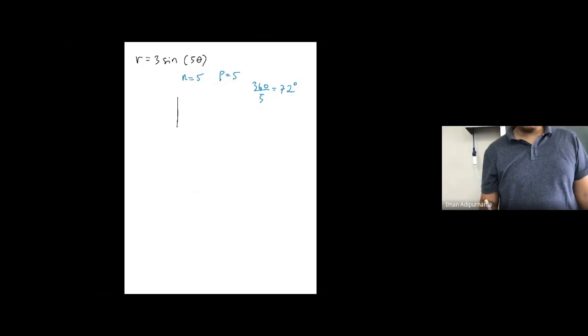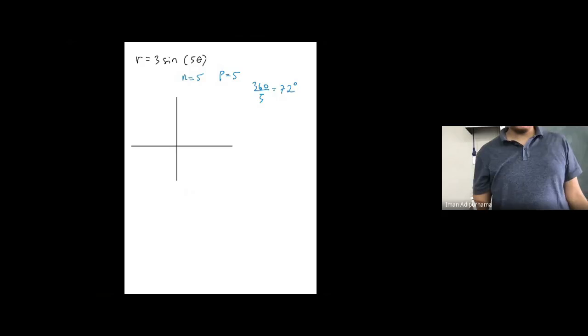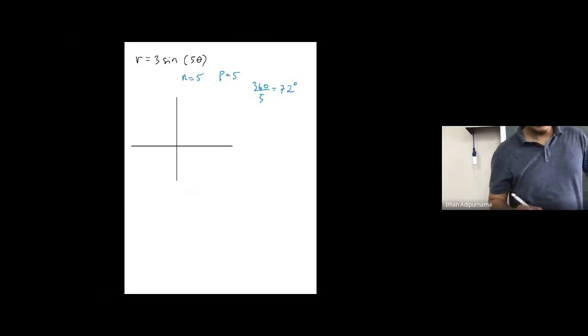And based on what I told before, if you start with n equal 5, then you start the petals from here and make the 4 petals. So start the first petal here.